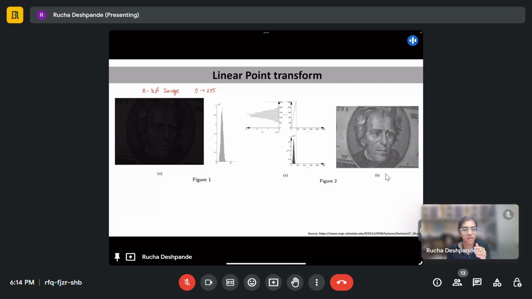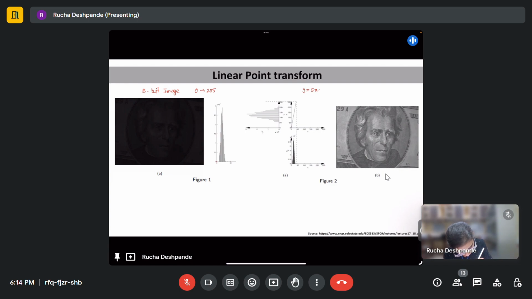Now to make it visually even better, to enhance its appearance, we will apply this linear point transform on this figure. This is the transformation function, y equals 5x. So for every DN number in the input figure, the DN number in the output figure will be 5 times that of the input.